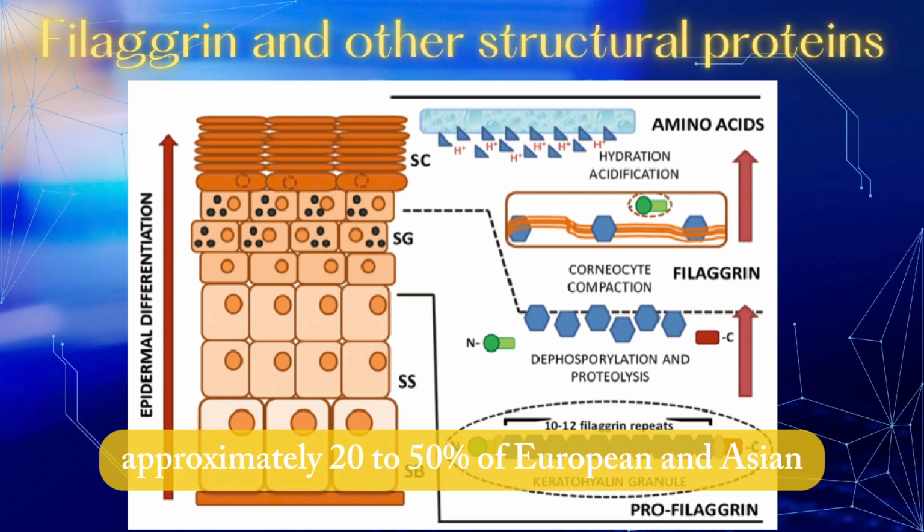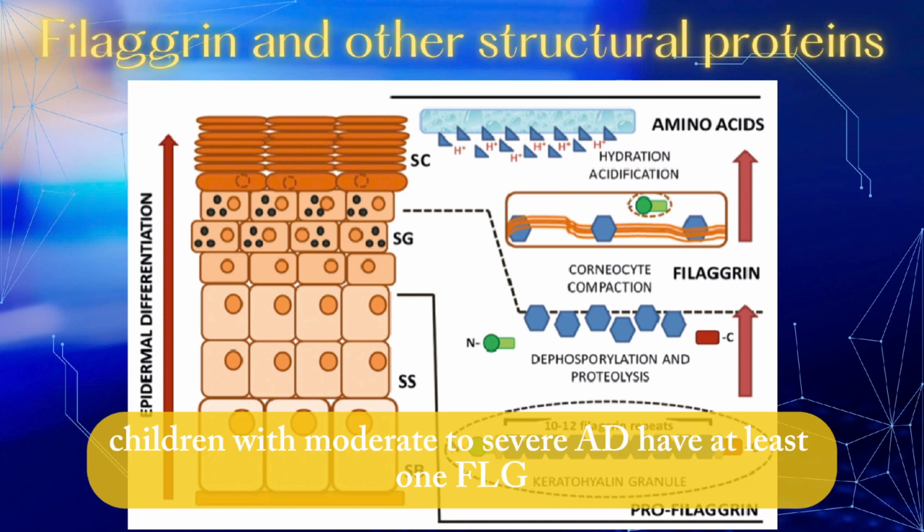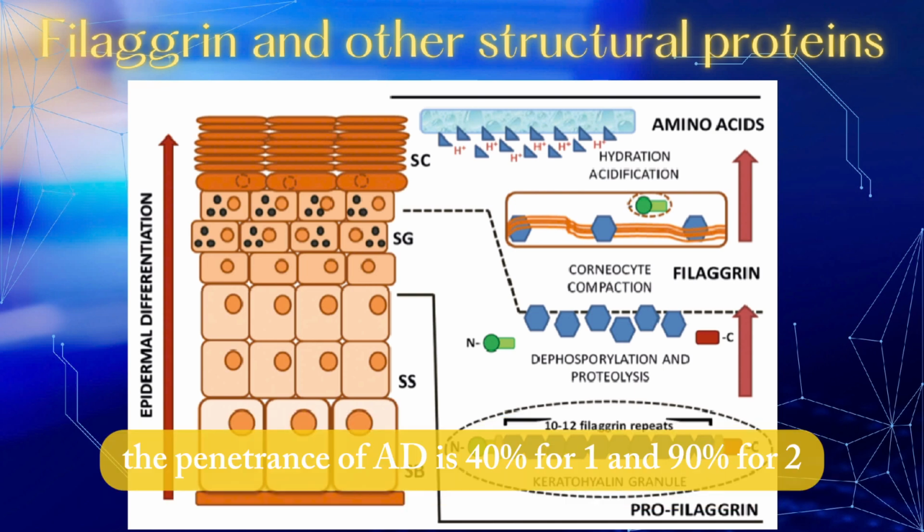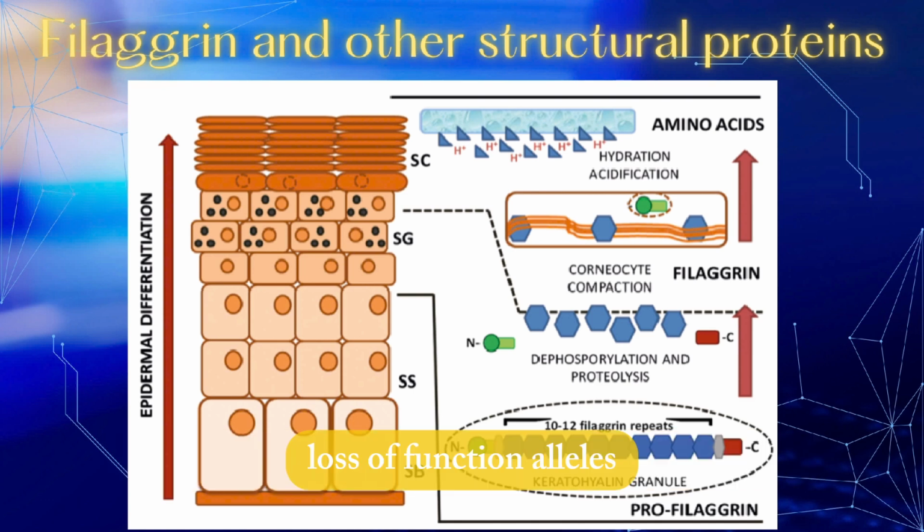Approximately 20 to 50% of European and Asian children with moderate to severe AD have at least one FLG loss-of-function variant. The penetrance of AD is 40% for one and 90% for two loss-of-function alleles.